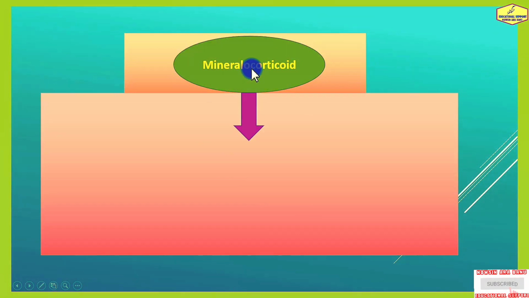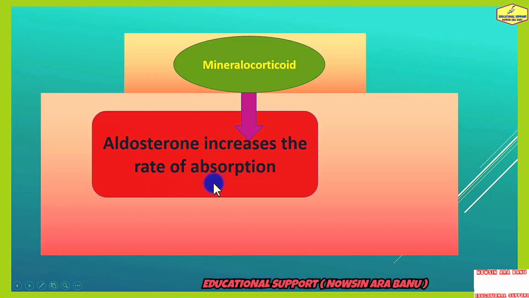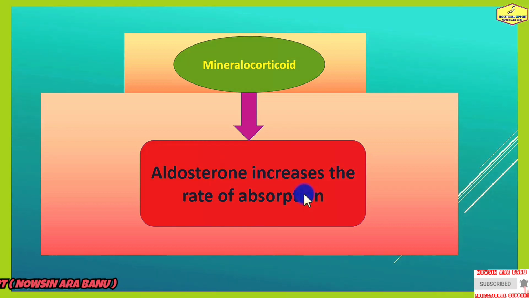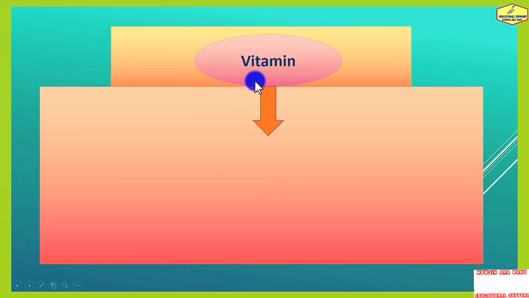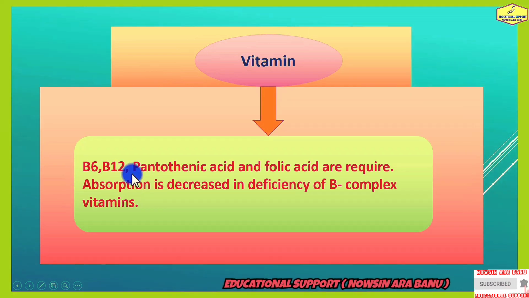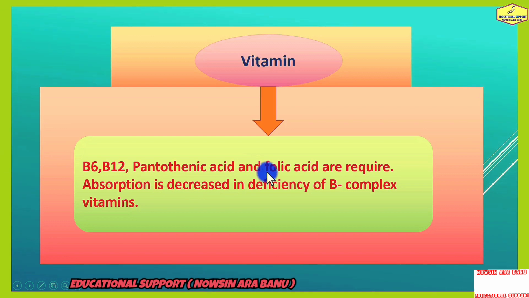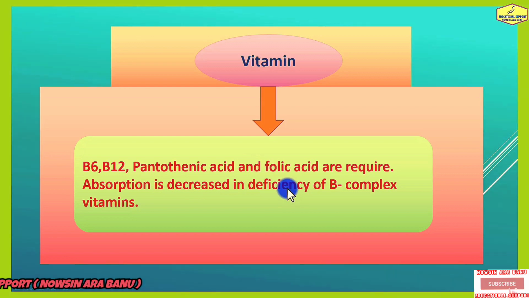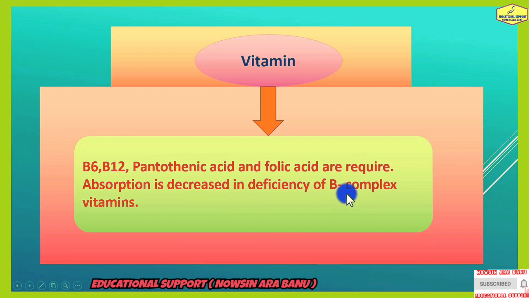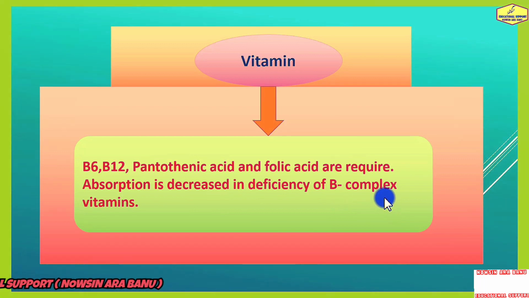Mineralocorticoids also affect absorption of monosaccharides, namely aldosterone. Aldosterone increases the rate of absorption. Number four is vitamins. Vitamin B6 and B12, pantothenic acid and folic acid are required for absorption of glucose. Absorption is decreased in deficiency of vitamin B complex.